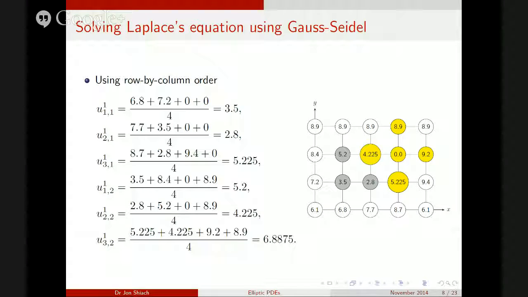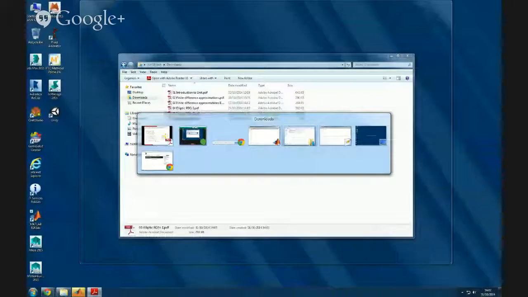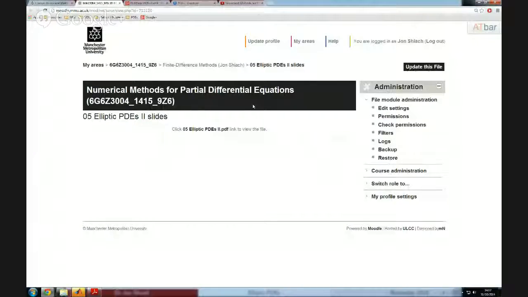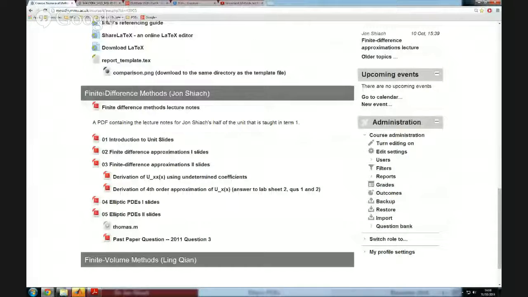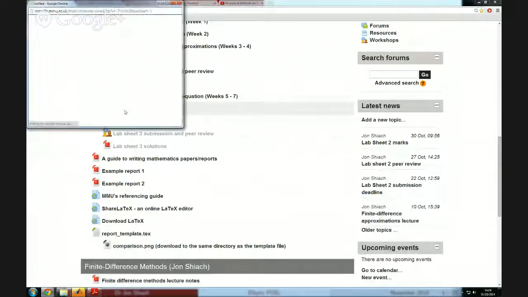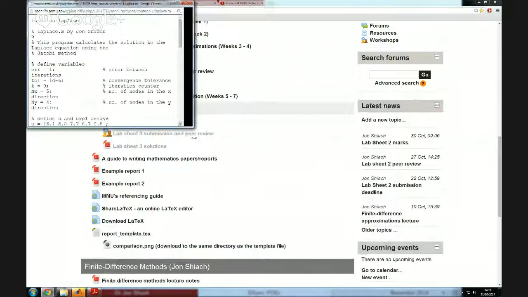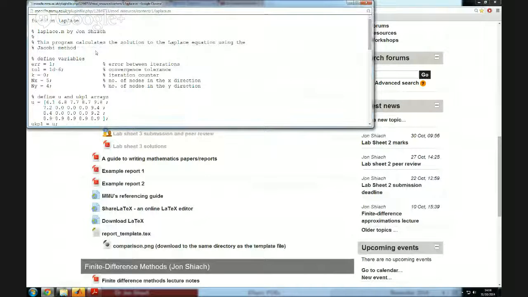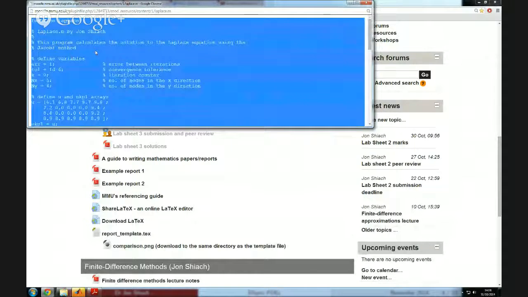So what I'm going to do now is revisit last week. We wrote some code, didn't we? If I find Moodle again. What I've done to help you for your lab sheet 3 is I've put that code up here. So when you come to do lab sheet 3, you can use this code which we calculated last week in the lecture. I'm just going to copy that.